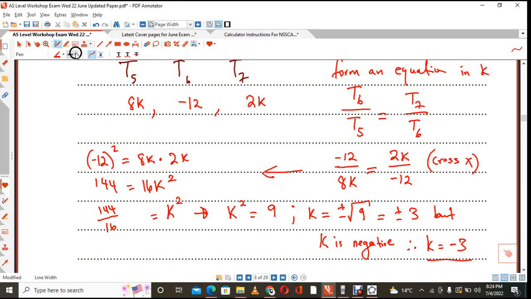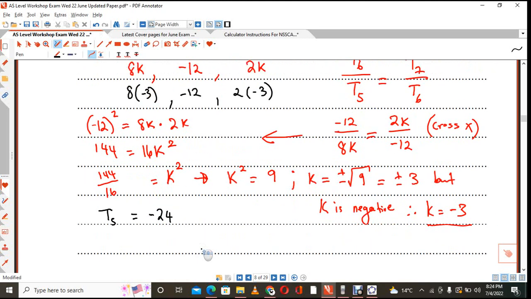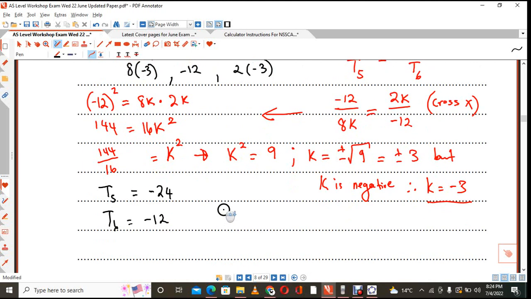Let's bring in a different color. So it's 8 times negative 3, negative 12, and 2 times negative 3. So our sequence would be term 5 is minus 24. Okay. Term 6 is minus 12. Term 7 is minus 6.